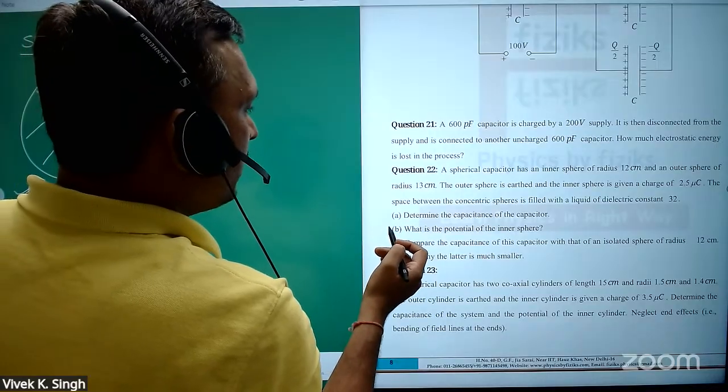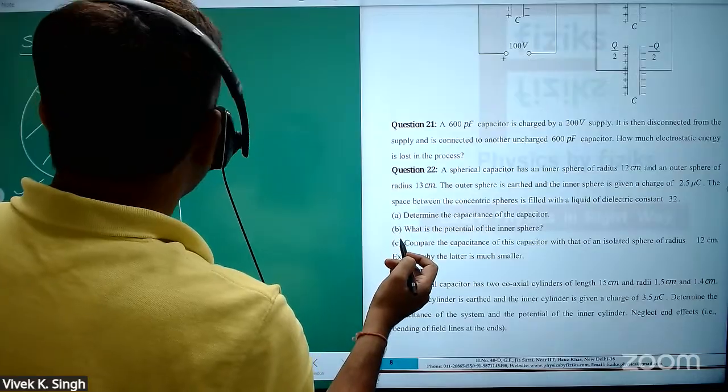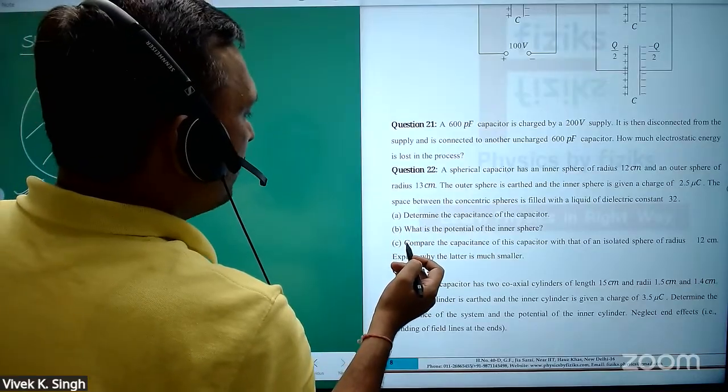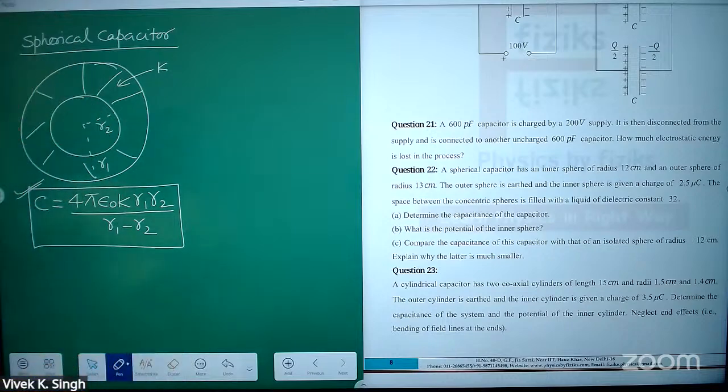The outer sphere is earthed and the inner sphere is given a charge 2.5 microcoulomb. Determine the capacitance of the capacitor. What is the potential of the inner sphere? And then you have to compare the capacitance of this capacitor with that of an isolated sphere of radius 12 centimeter.